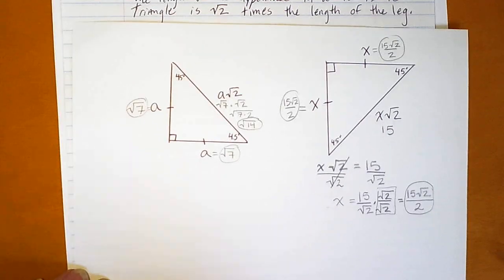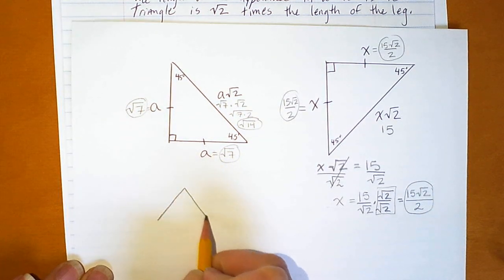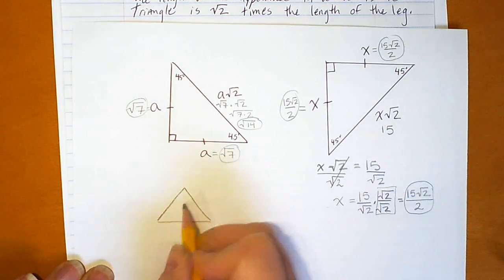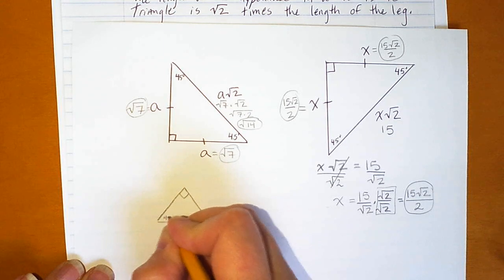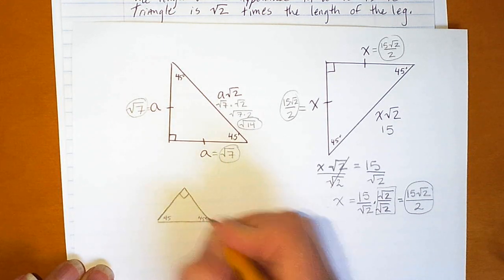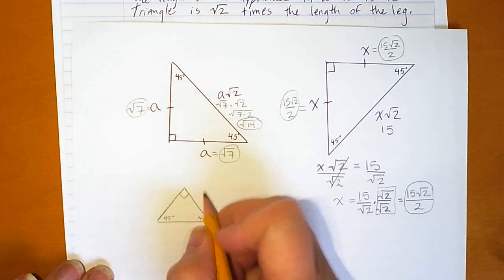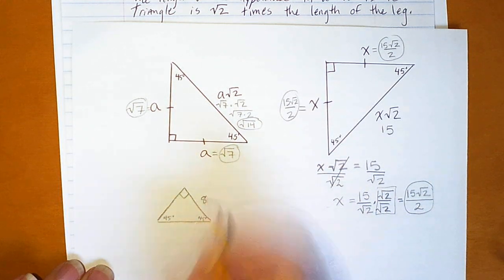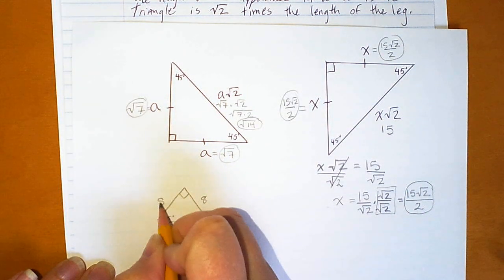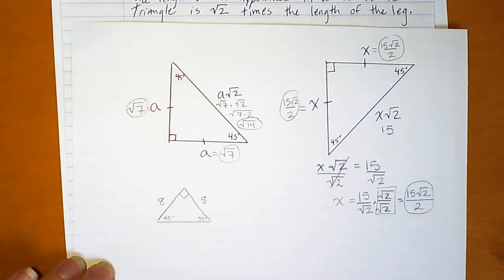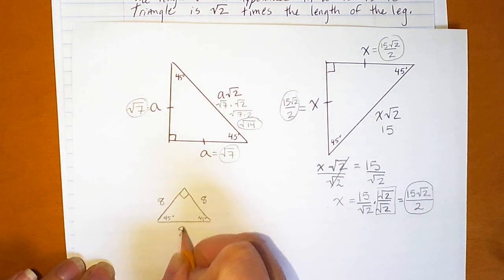I'm going to give one more example, and this time I will just do something simple. Let's pretend this is a right triangle, and this is 45 degrees, which means this is 45 degrees, which means these legs are the same. So if I give this leg the length of 8, whatever units, then this other leg has to be 8, whatever units, and the hypotenuse would be 8 root 2.